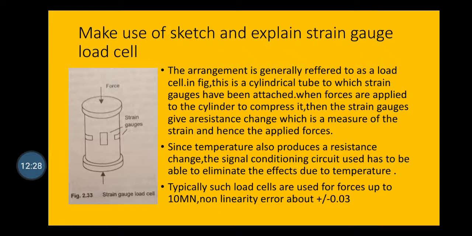The figure shows a cylindrical tube to which strain gauges have been attached. When forces are applied to the cylinder to compress it, then the strain gauges give a resistance change, which is a measure of the strain and hence the applied forces.